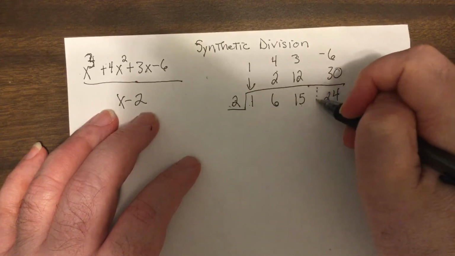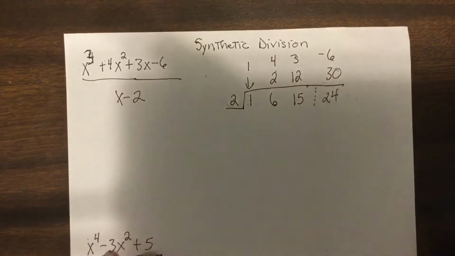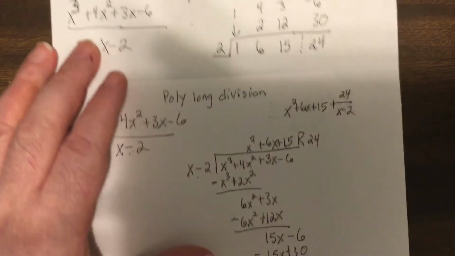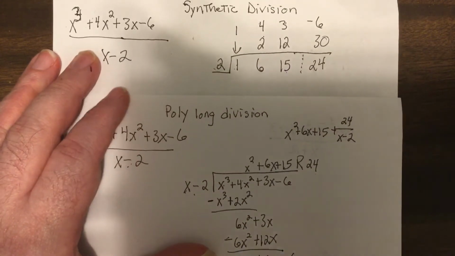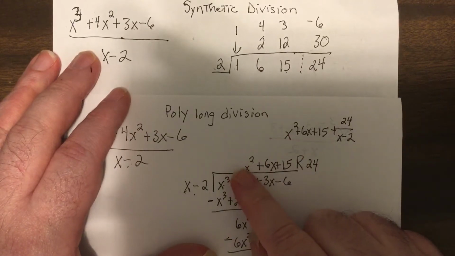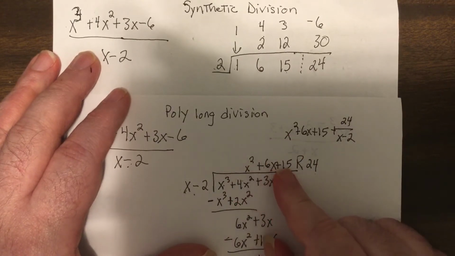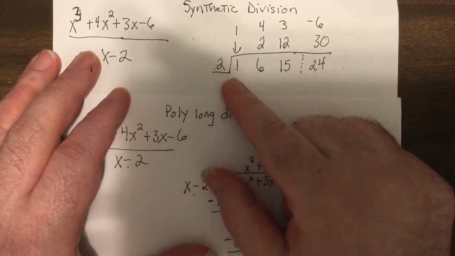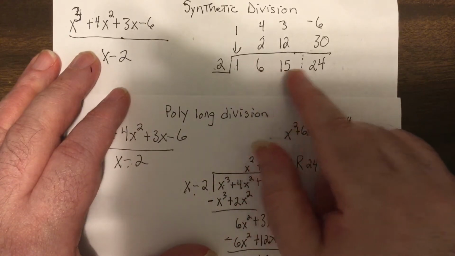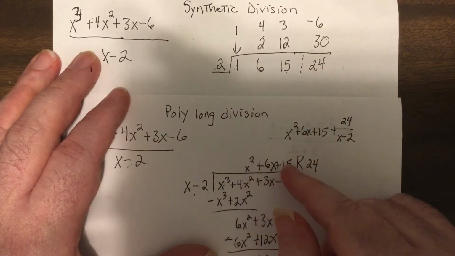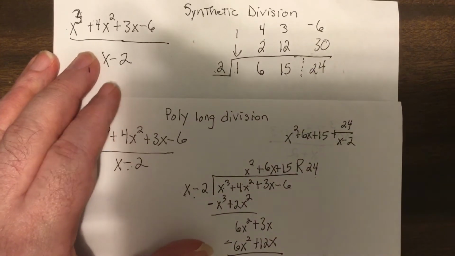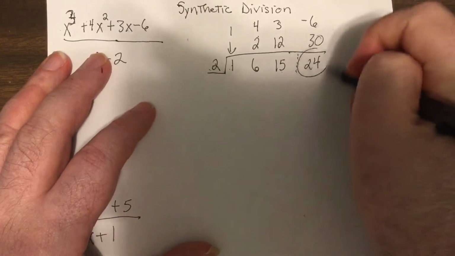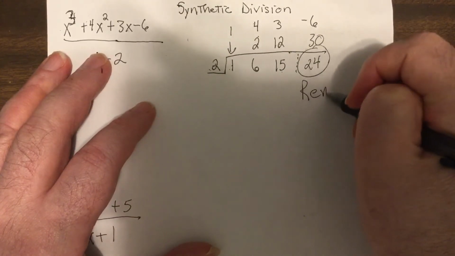Now usually they'll put a little segment right there to break it off. Now look at the previous problem we did, the exact same problem with polynomial long division. Look at the answer: 1, 6, 15, 24. Look what I have here: 1, 6, 15, 24. So what they realized is if you did it correctly, the last number on the bottom will always be your remainder.